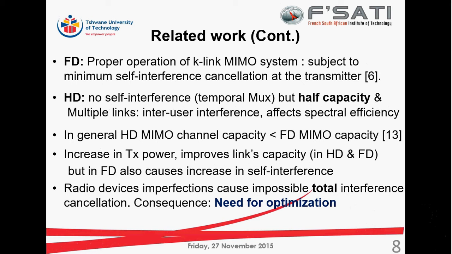But it also has a negative impact in full duplex because it not only improves the link capacity, but also increases self-interference, which is a negative aspect. Radio device imperfections make total interference cancellation impossible. Therefore, since we cannot get a perfect cancellation of the self-interference itself, we need to optimize and get the best possible results.